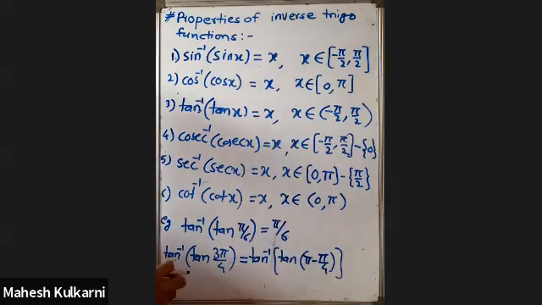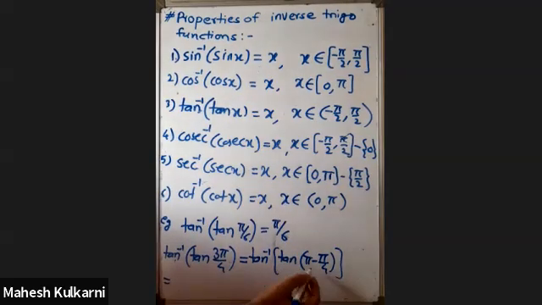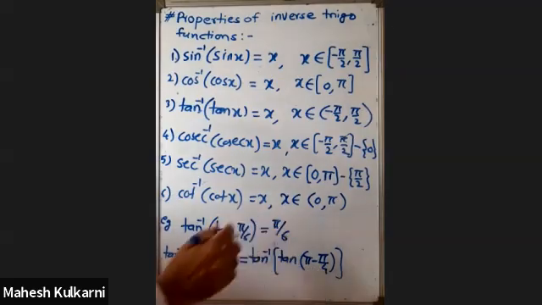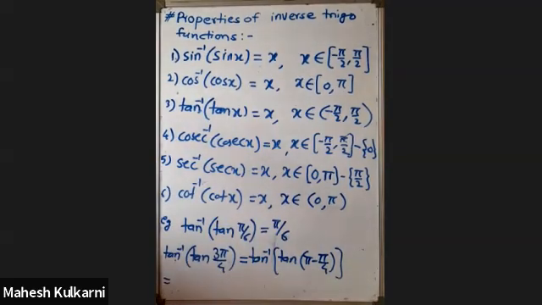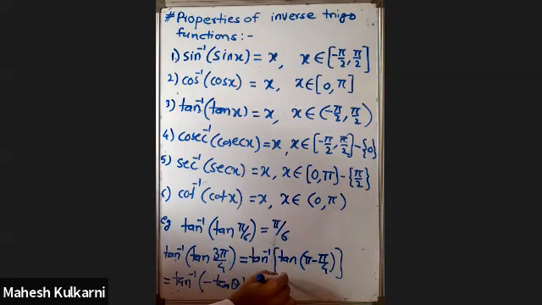But here, tan inverse of tan, this value is tan of pi minus theta. What is tan pi minus theta? Tan pi minus theta is minus tan theta. So this becomes tan inverse of minus tan theta. And minus tan theta means tan of minus theta.